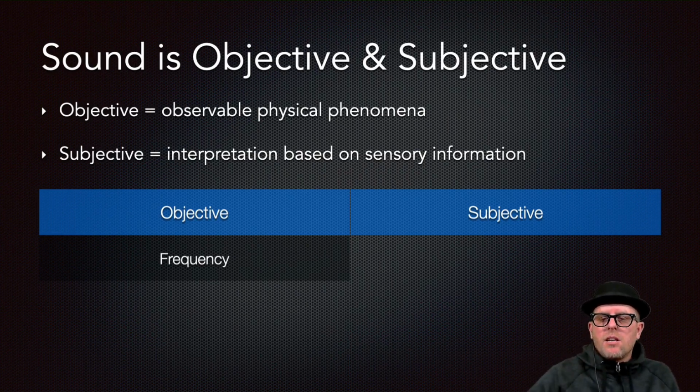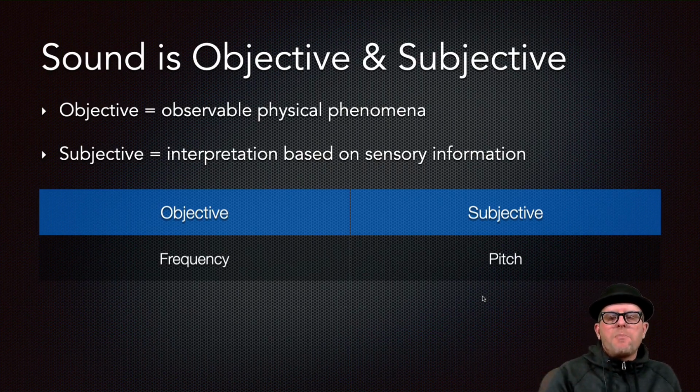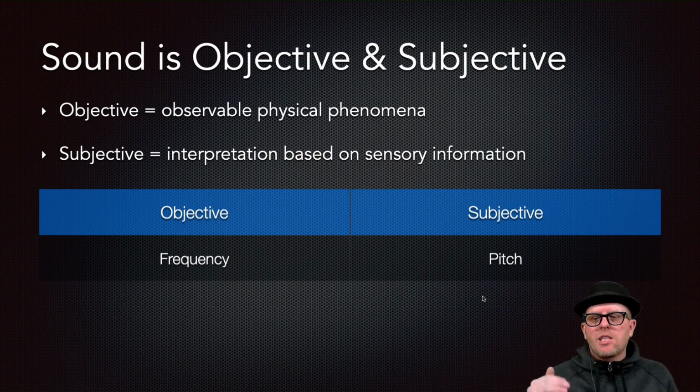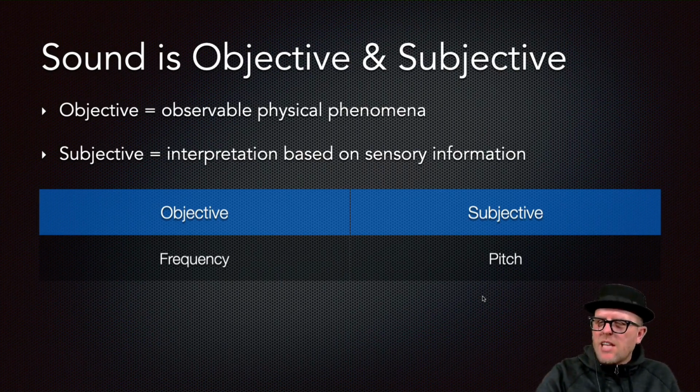So frequency is what's there. Pitch is what you hear as being there. And it's weird because what we hear and what's actually there can be two different things, so you can play tricks on your brain. Based on how loud something is, your pitch actually shifts. So pitch is your perceived frequency.